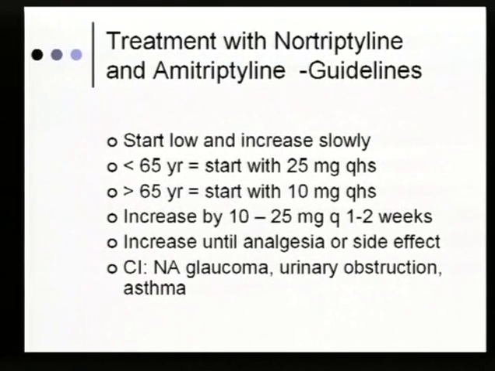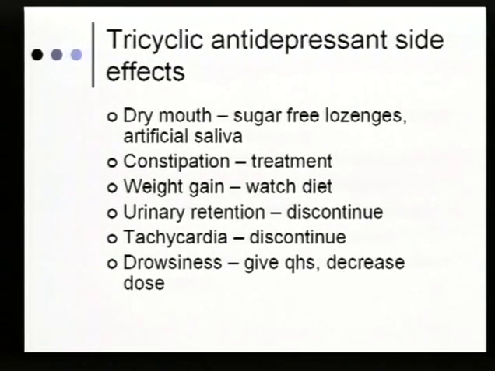But you have to look out for glaucoma problems, urinary obstruction, asthma. You can't use those drugs in those situations. And typically, the old tried and true is to keep increasing the drug until pain relief is achieved or the person's kind of knocked out with a side effect. So we don't always try to go for that anymore, but that was sort of the simple thought.